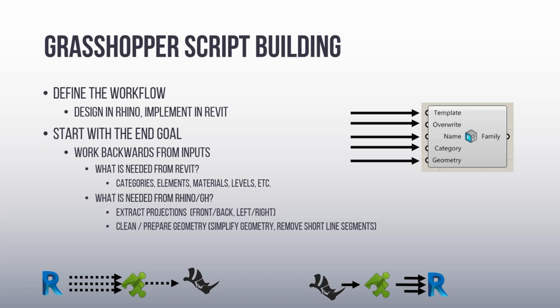So this may involve simplifying geometry or removing some short line segments, or possibly just drafting out in 2D what one of the projections will be like.